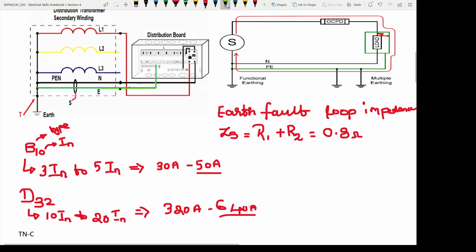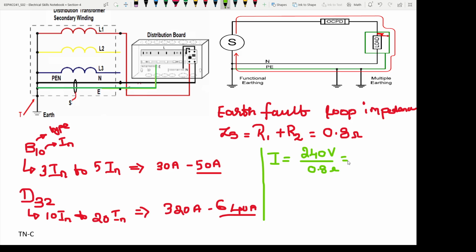Let us keep this aside and see how much fault current flows during the line to earth fault in this TN-S earthing. The fault current, the prospective short circuit current, Ipf, I just denote as I. I is equal to 240 volts, I have taken a single phase supply, divided by my loop impedance of 0.8 ohms.